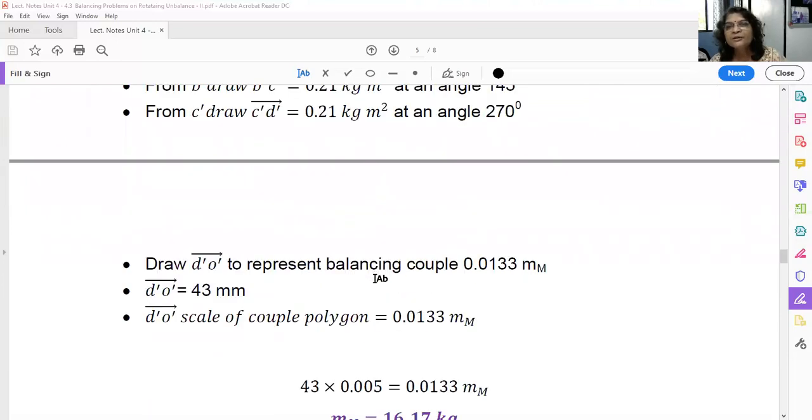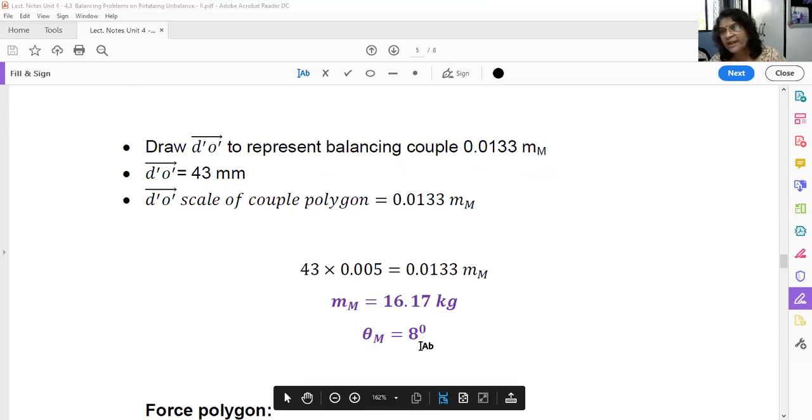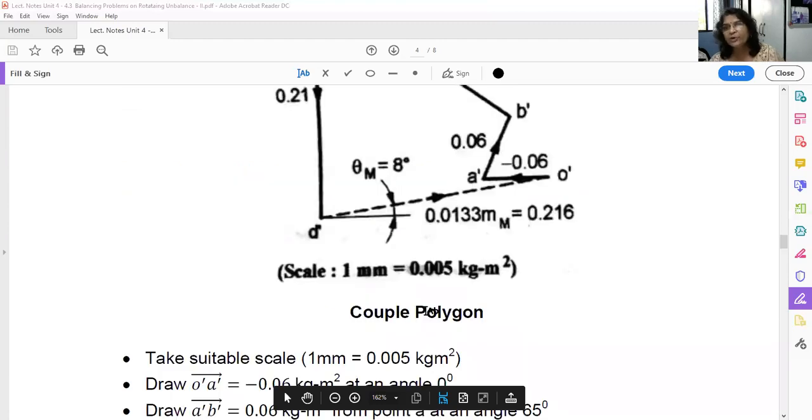This is equal to what? The length I am getting is 43 mm on the scale, because you have converted into scale. So the actual length into scale is equal to 0.0133 m. That's why you are getting m, the mass at the m plane, which we have to provide, is 16.17 kg. And how did you get this angle? Theta is equal to 8 degree. We have measured this angle with the help of an angle protractor.